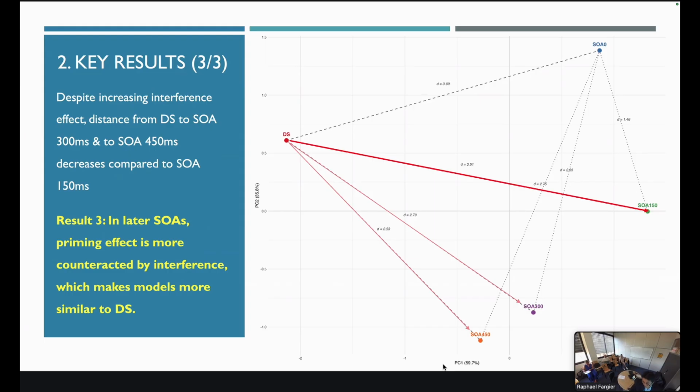But when we measure the distance between DS and SOA 300 and DS and SOA 450, we see that this distance decreases. So it suggests a condition where the priming effect pushes the model far away from the baseline condition, while the interference effect pulls the model back near the baseline condition. So, in later SOAs, the priming effect is more counteracted by the interference, which makes the models more similar to the DS.